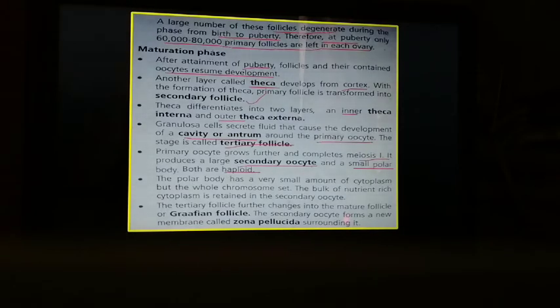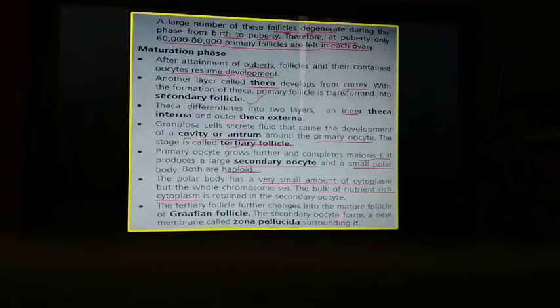If we look at the difference between the secondary oocyte and the small polar body, the polar body has a very small amount of cytoplasm, though the chromosome number is the same as in the secondary oocyte. In the secondary oocyte, the bulk of the nutrient-rich cytoplasm is found.